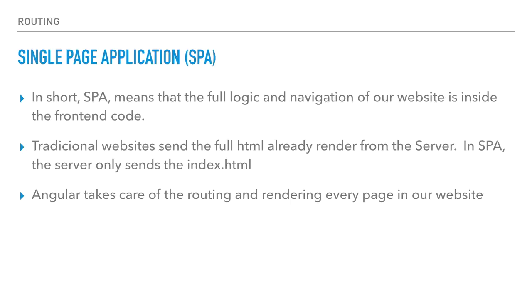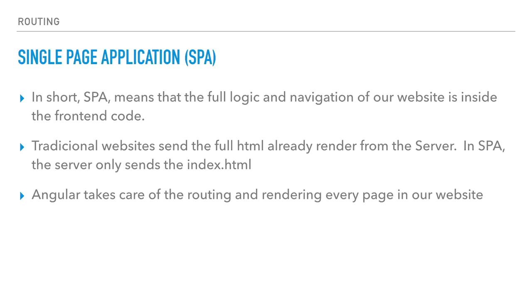So single page application, or SPA. If you come from Angular 1, probably you know this concept. A single page application means that all the logic and navigation of our website is inside of the front-end code. That means that if you go from one page to the next one, you don't need to go to the server to get another HTML page and render it in the browser.